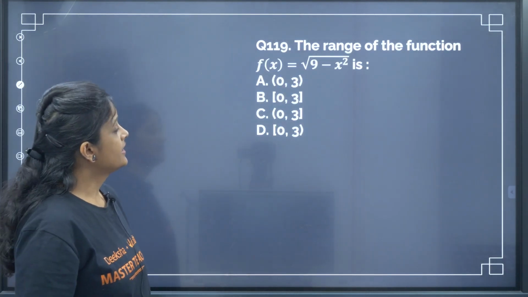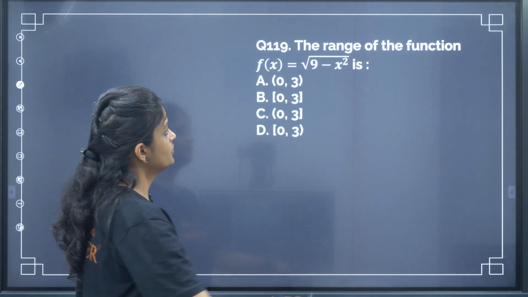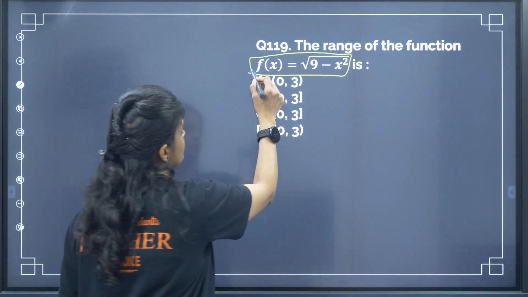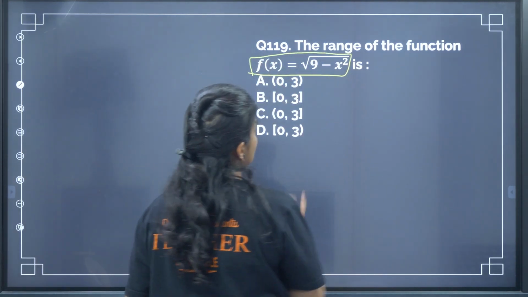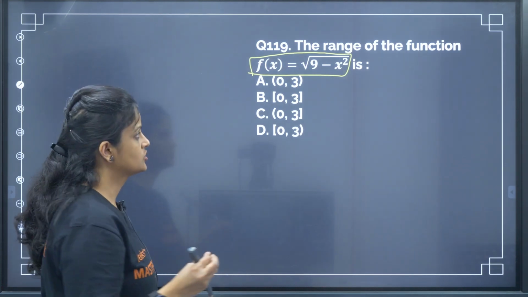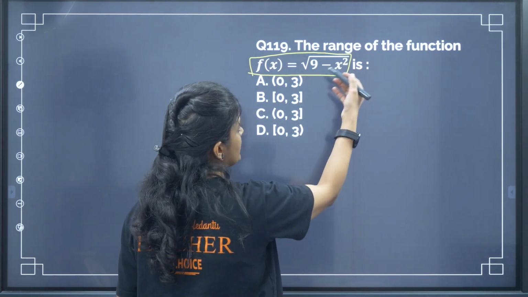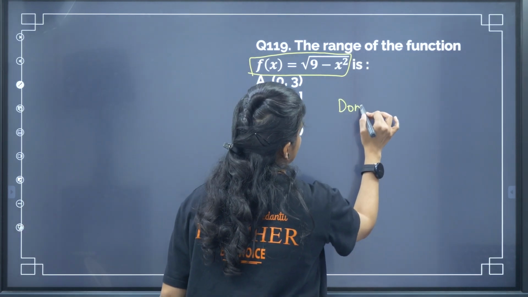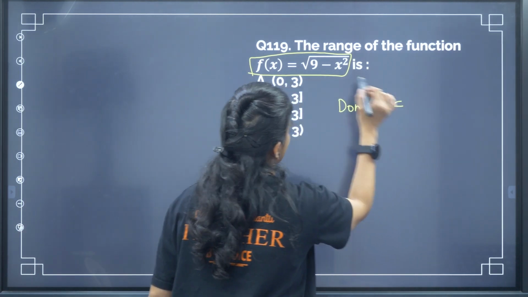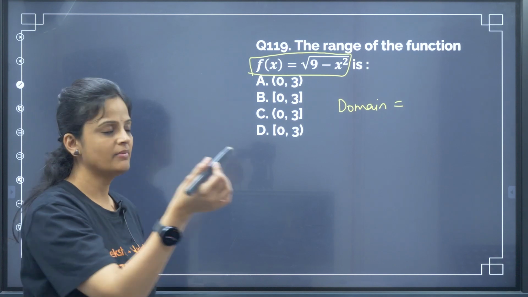Here, 119th question: the range of the function f of x is equal to under root 9 minus x square. So understand the function given, a very easy function it is. What all values we can give, that is the domain part. And this is also a standard one when you have a square minus x square.